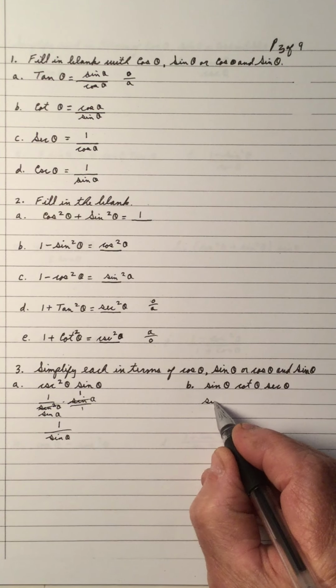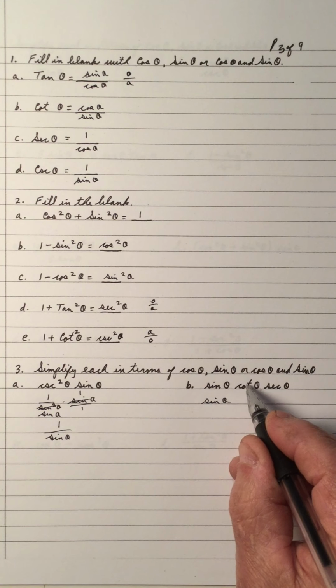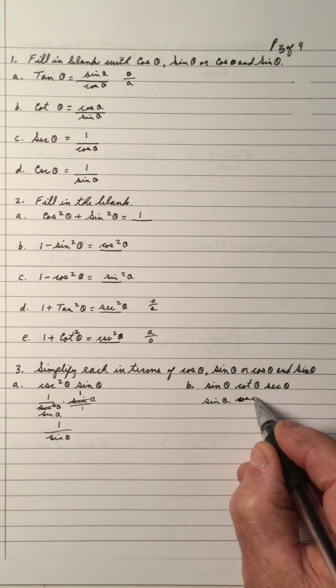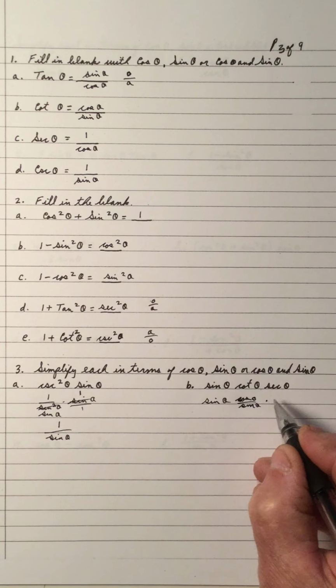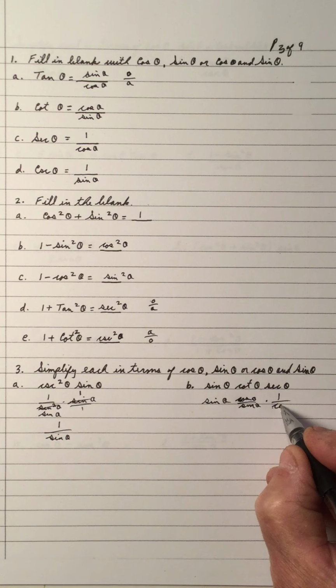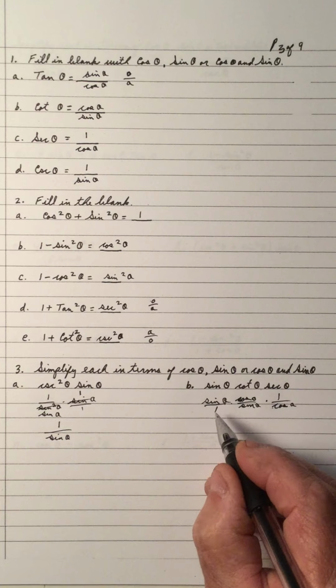And we have sine. Cot is cos theta over sine theta. Secant is 1 over cos. I need a c, so it's cos. And we're multiplying, so that's sine over 1.